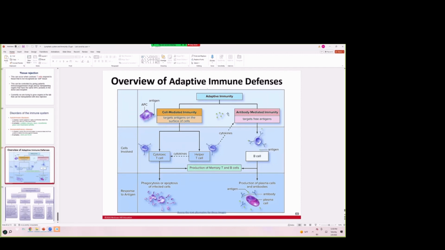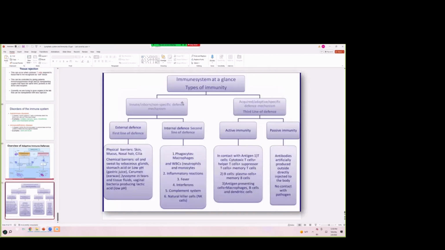So below here is a summary of, again, the adaptive response, which is the one that is specific. And the second slide here just talks about the general immune system. It talks about the external defenses that we have. And then it talks about the internal second line of defense, all of these being non-specific.